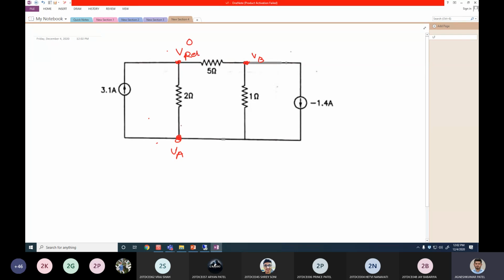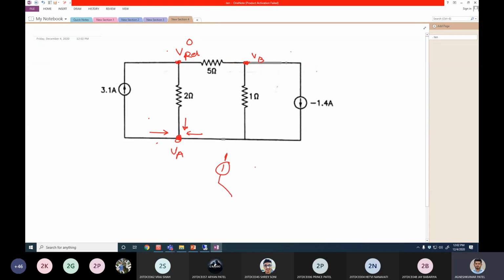I am assuming this. Now if you try to apply nodal analysis at this point and you assume currents like this, first, second and third, as soon as you do this, you are wrong. Why? Because there are 4 currents. If I redraw this circuit, then you will see the 4 currents.